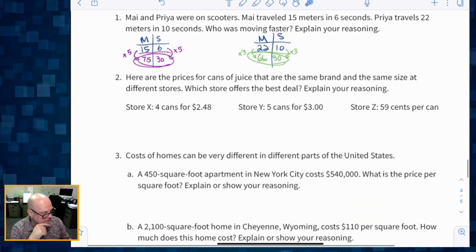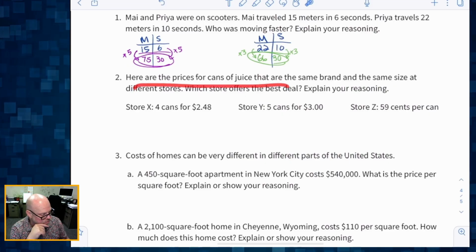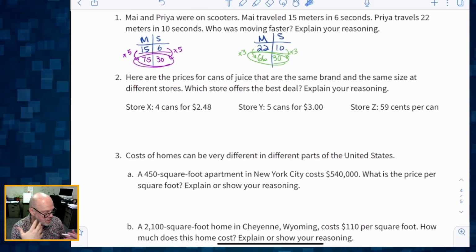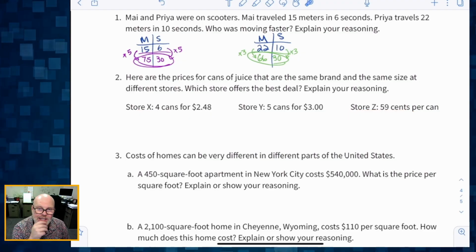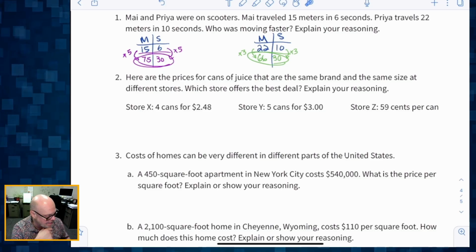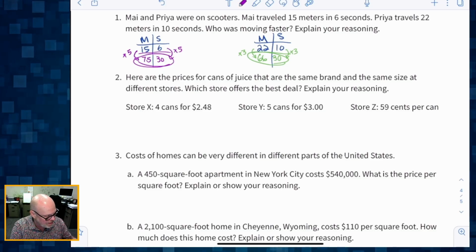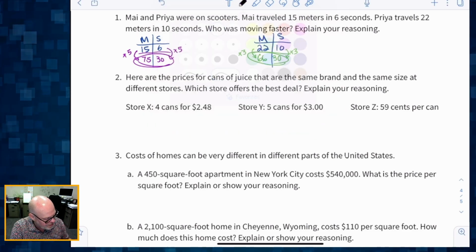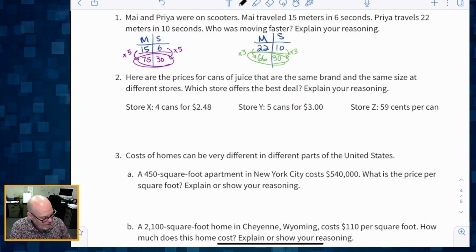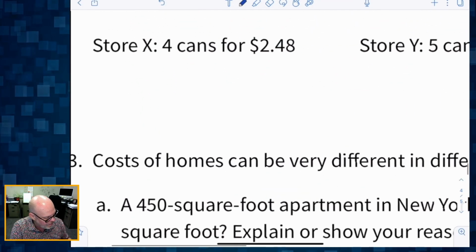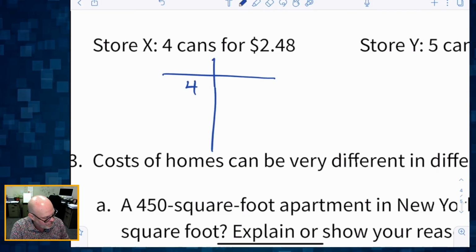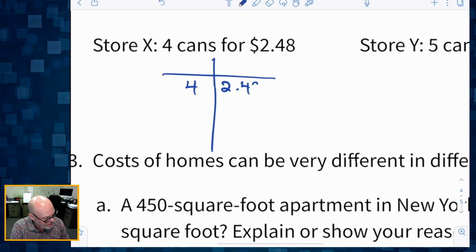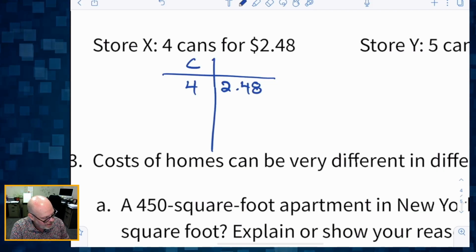Here are the prices for cans of juice of the same brand and same size at different stores. Which store is offering the best deal? Explain your reasoning. I'm going to make a bunch of tables and find a bunch of unit rates. We've got 4 cans for $2.48, so cans and dollars.